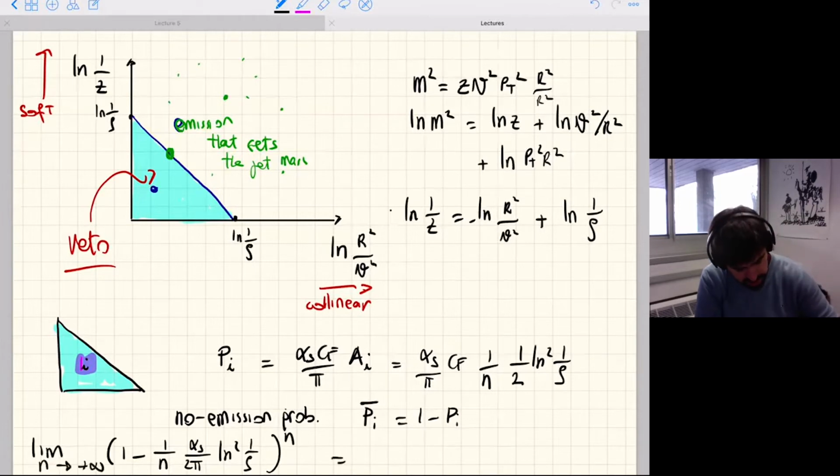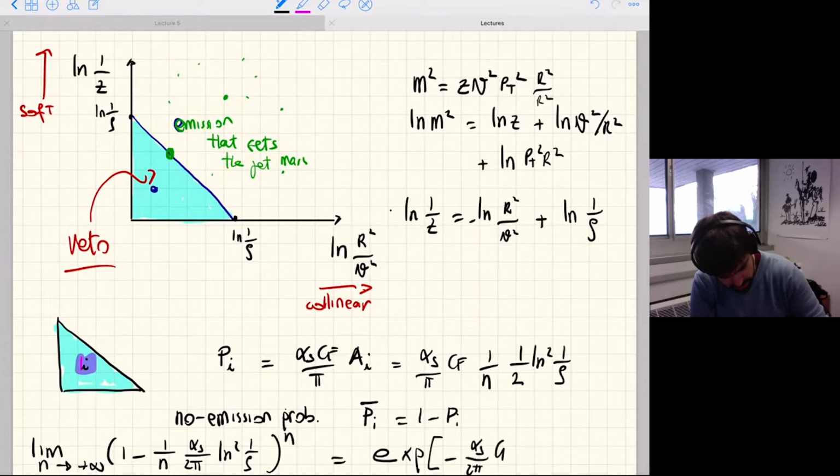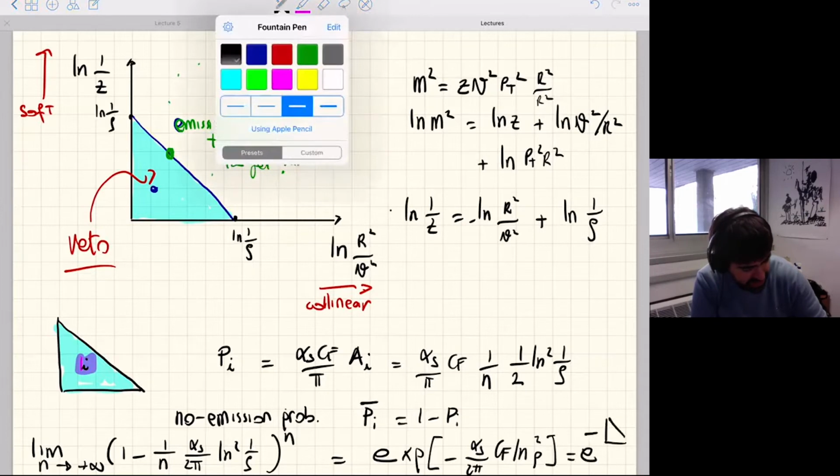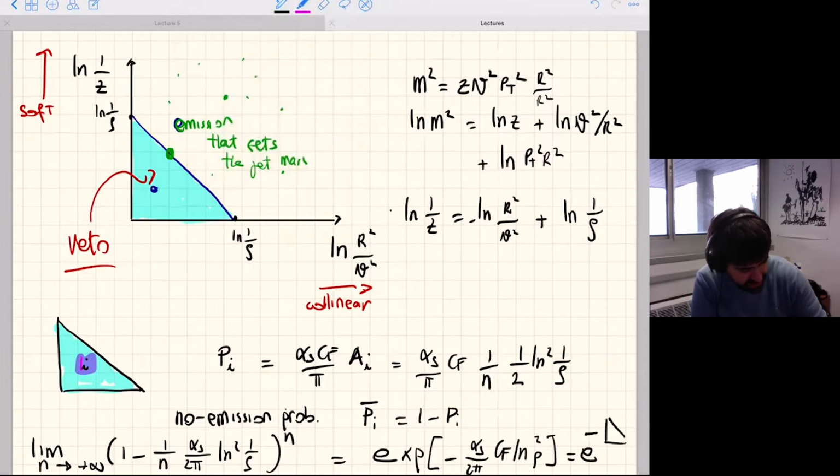And this is an exponential series, which gives exponent of minus alpha_s over 2 pi C_F log squared 1 over rho. Which, in a way that Jesse Thaler likes to write, is the exponent of minus the area of the blue triangle.